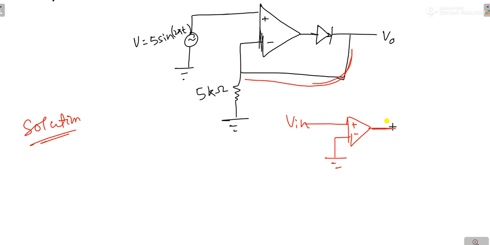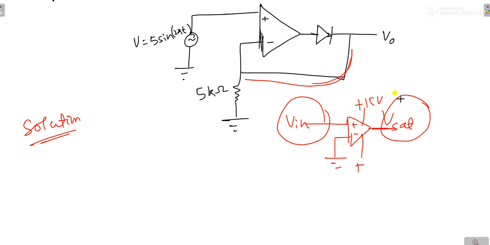The output is the saturation voltage, V saturation. This is given by the DC source, that is plus 15 volt or plus 9 volt, whatever you gave. So for an open loop amplifier, our output will be V saturation.